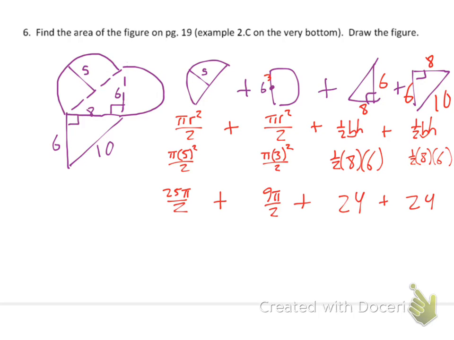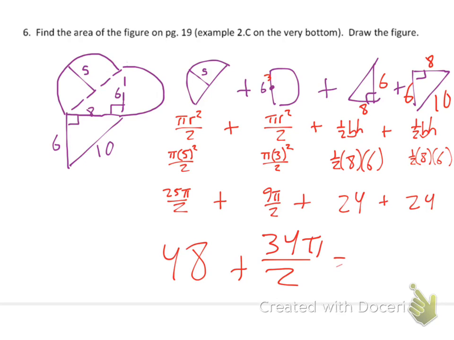Notice that I got pi's right now in front, numbers in the back. So we're going to flip it around. 24 plus 24, they're like terms. What do you get? So 48. What's 25 pi plus 9 pi? Notice they got common denominators. I'm not worrying about that. We're going to be over 2. What's 25 plus 9? 34 pi. Hey, I can reduce that.